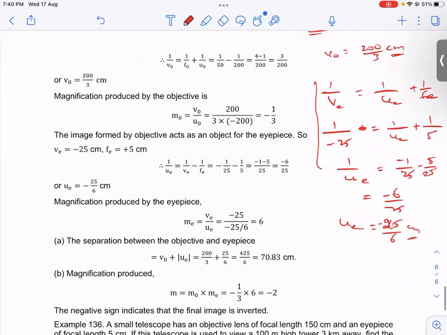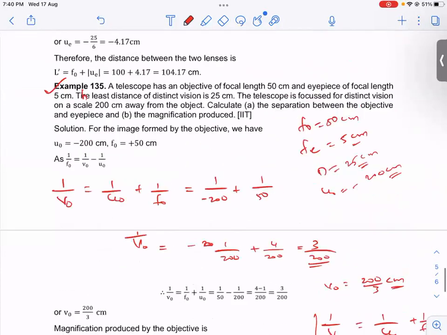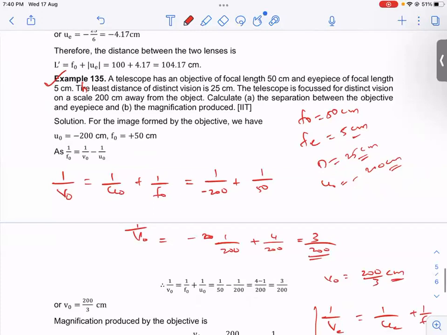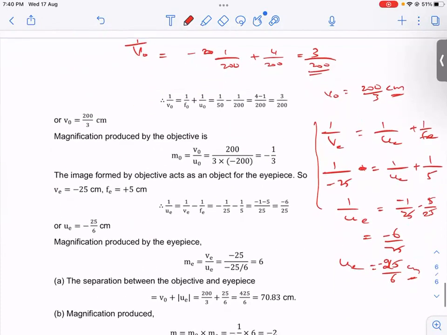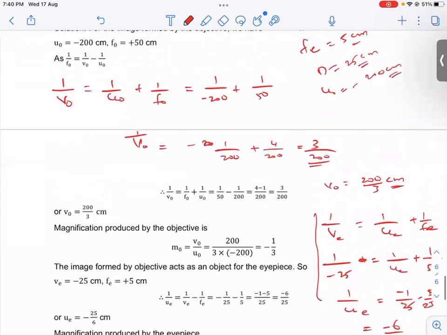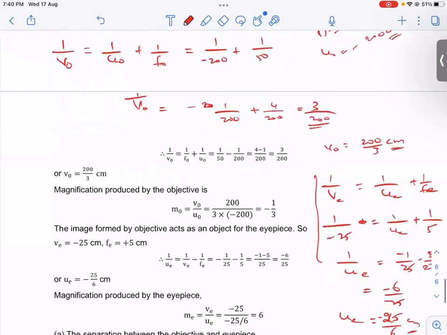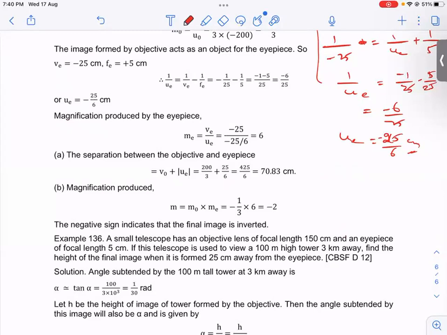So these many centimeters. So what is going to be the distance between them? What is the separation between the objective and the eyepiece? It is v naught plus 25 by 6. Sorry, I need to correct it.